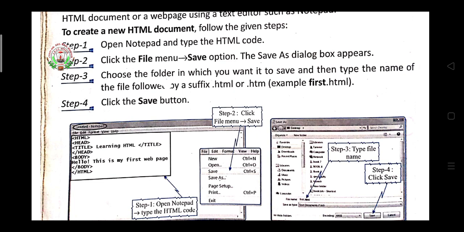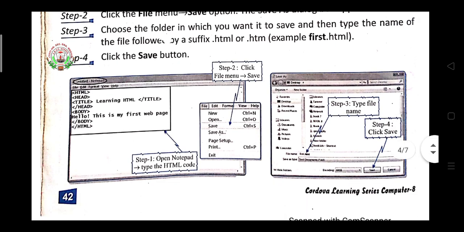While saving the file, you have to give one file name, and after that file name you have to give the extension. Here two extensions are given for the HTML document, .html and .htm, so you can write anyone after the file name. Example is given there, first .html; like this you have to write in between, with no need to give any space.